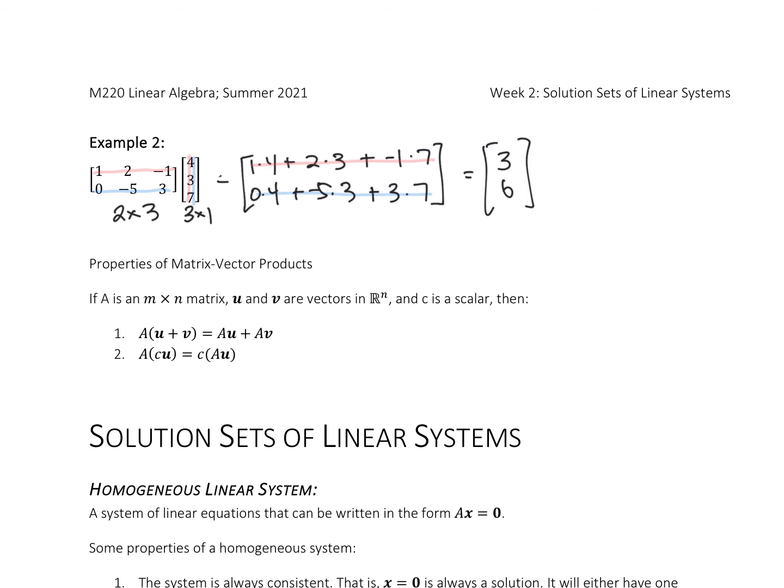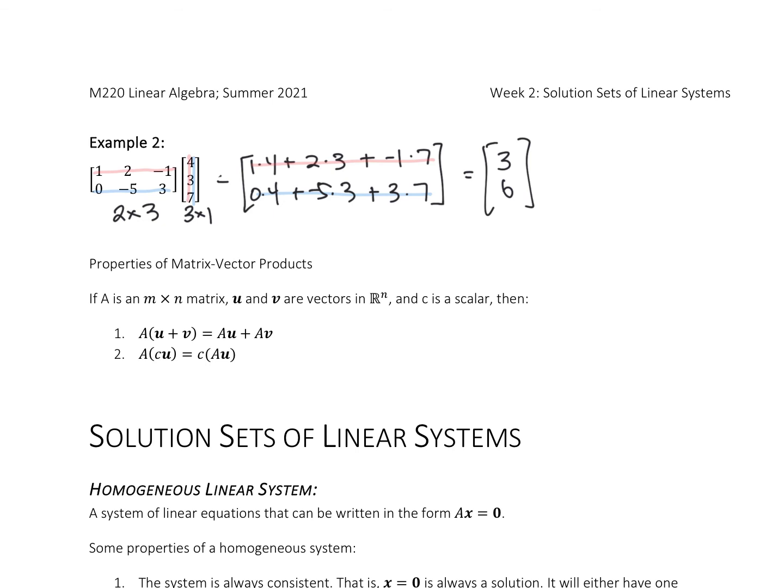Cool. Some properties of our matrix-vector product, just to keep in mind, and these are actually going to be helpful in the next couple of sections when we start to talk about linear transformations.